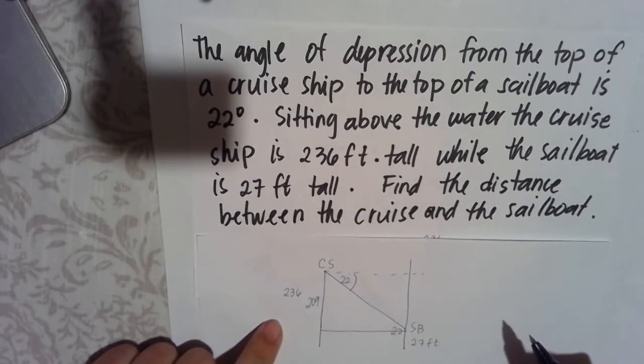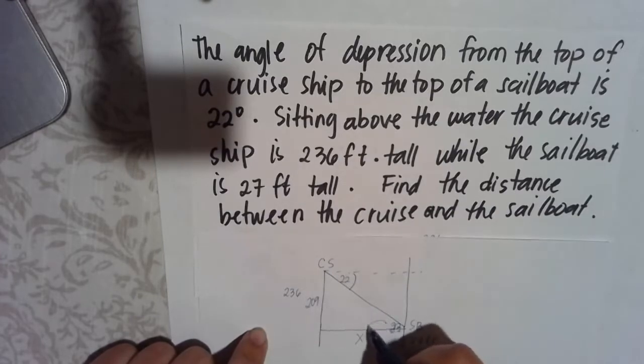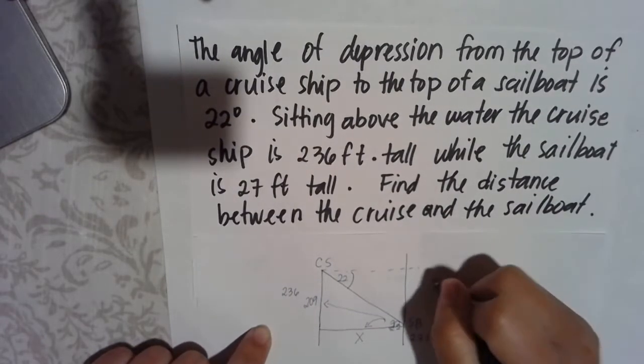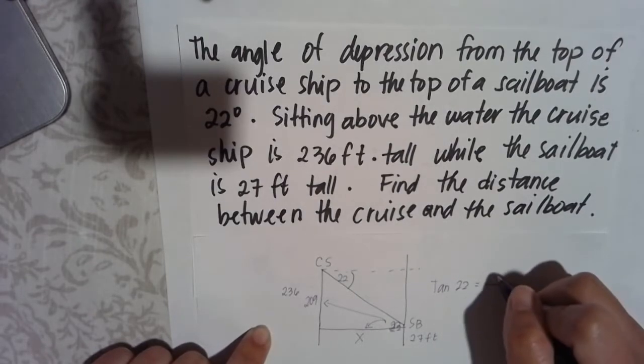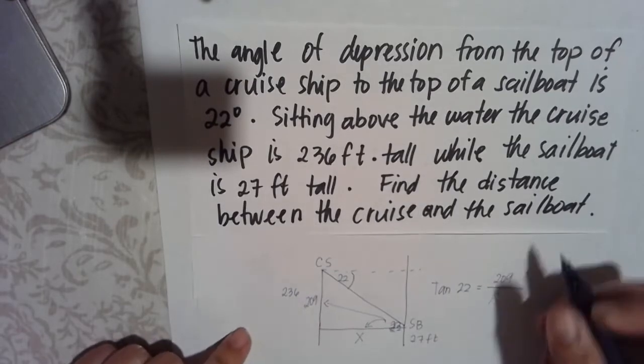Okay, now let's start. So we're solving for the distance between the cruise ship and the sailboat. So we're asking for this side. So this is your adjacent and that will be your opposite. So that's tangent. So tangent of 22 degrees equals 209 over x. So I need to divide.